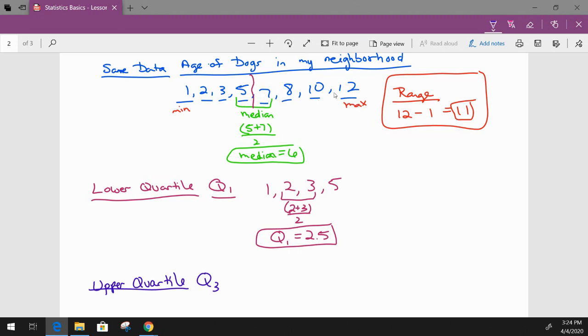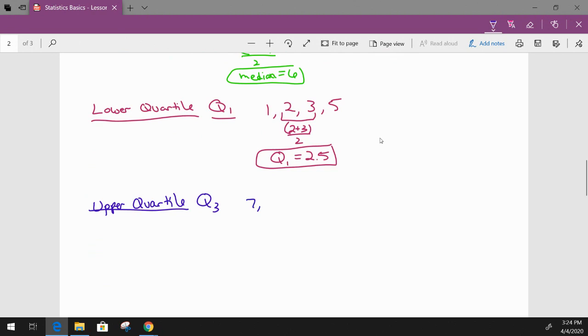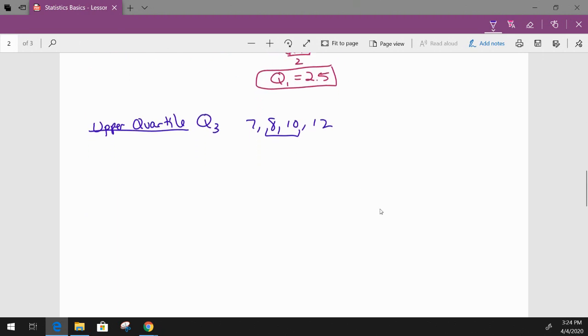So 7, 8, 10, and 12. And since there's an even number of numbers, I have to find the average of my two middle numbers to find the median of those upper numbers. So 8 plus 10 divided by 2 is 9. So the upper quartile, or Q3, is 9.